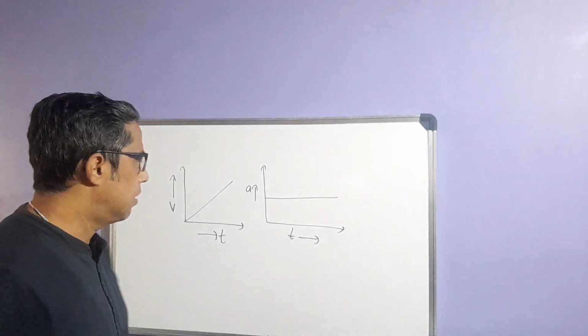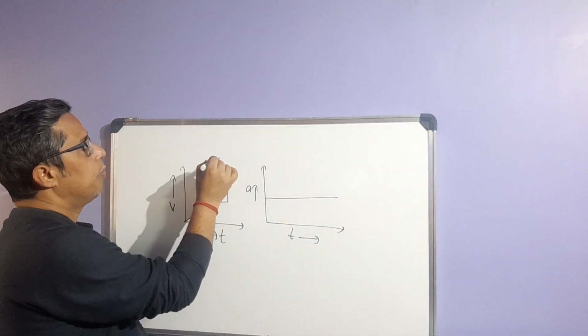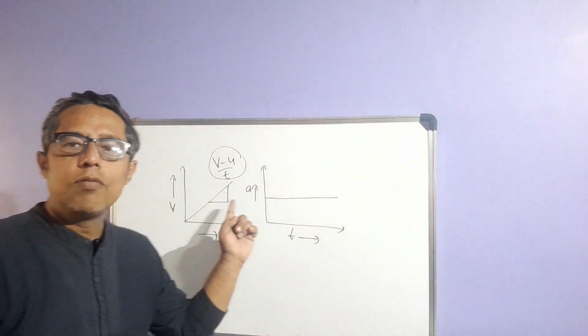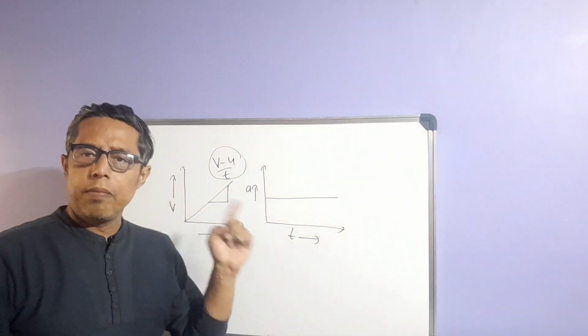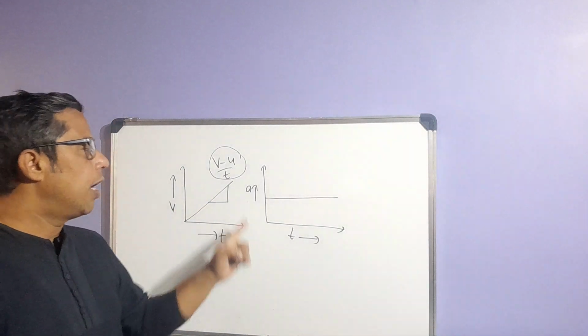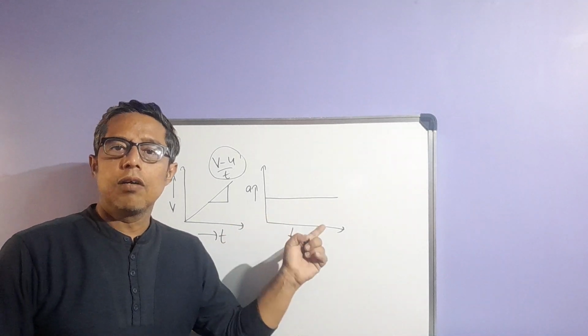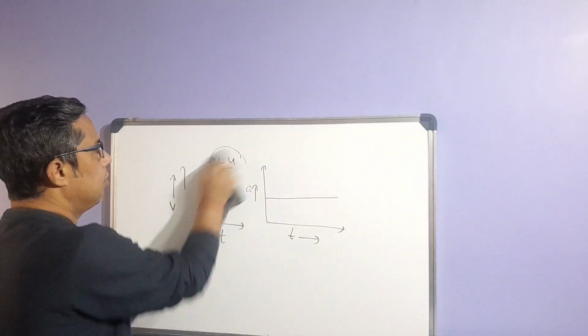Here the slope will be constant, that means (v minus u) by t, the acceleration, will be constant throughout the motion. So a straight-line vt graph means uniform acceleration, and acceleration on the y-axis versus t on the x-axis also represents constant acceleration.